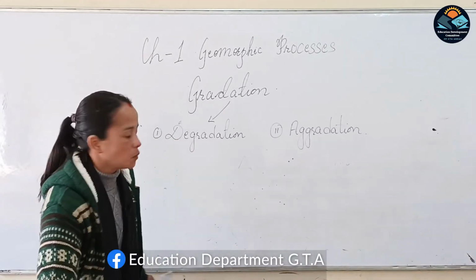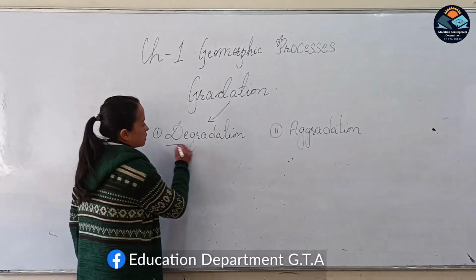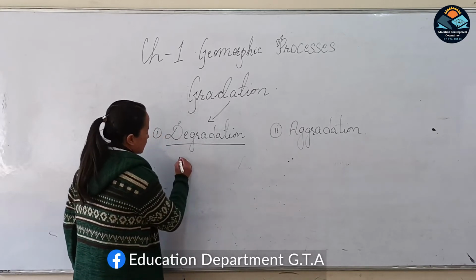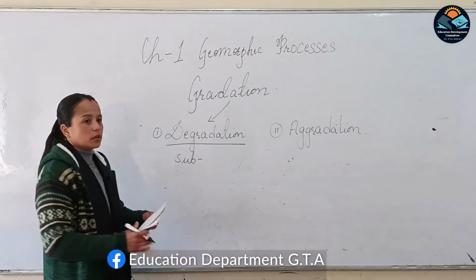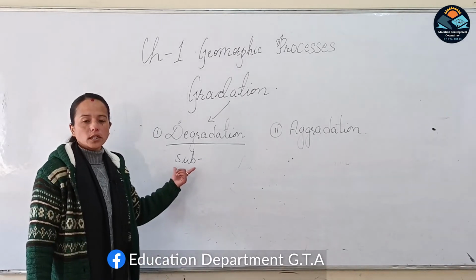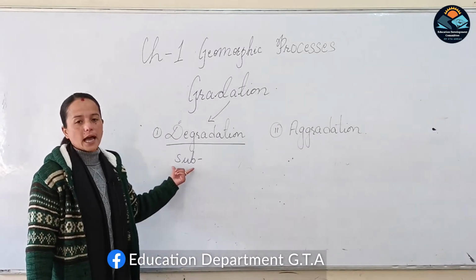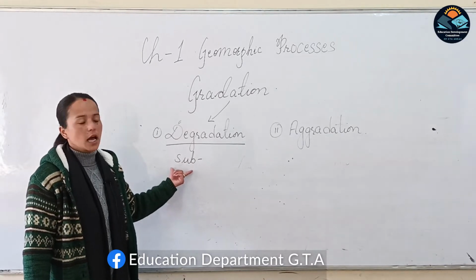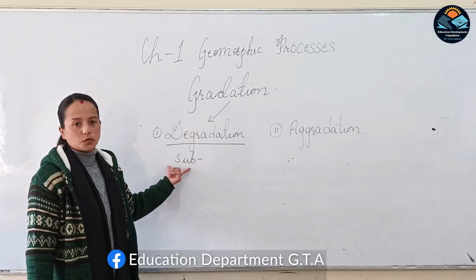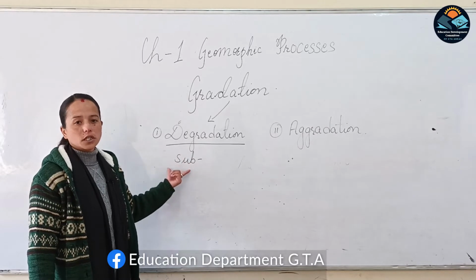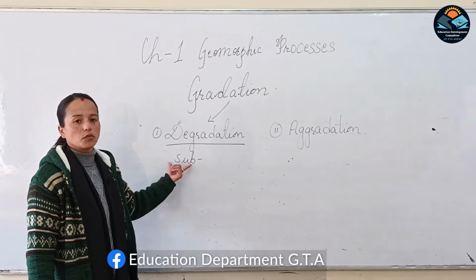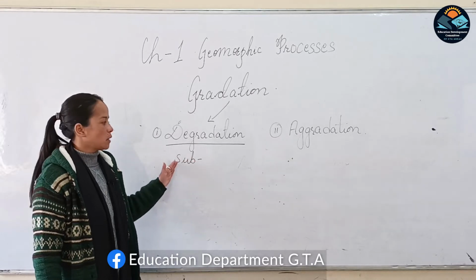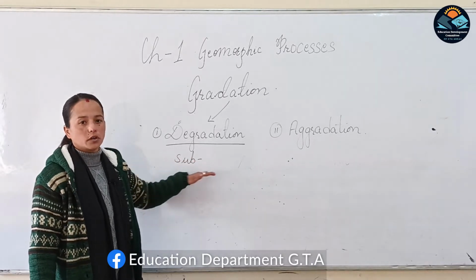The word degradation means, in simple words, to subtract. So degradation means to lower the height of the surface of the earth. That is the definition for degradation. Degradation is the process of lowering down the height of the earth's surface. That means subtraction in the height of the earth's surface.